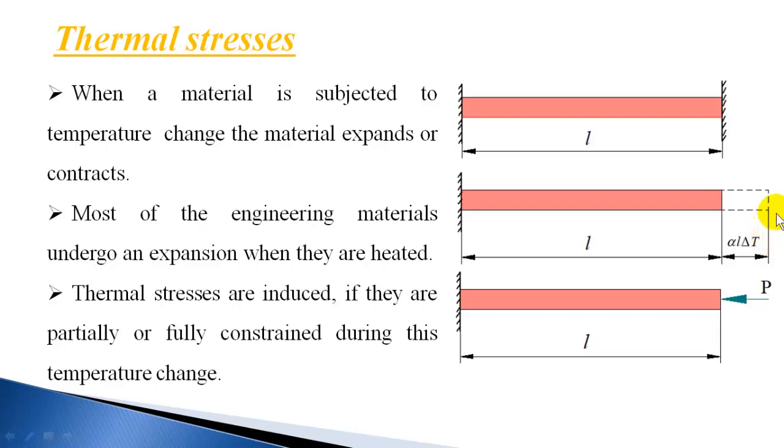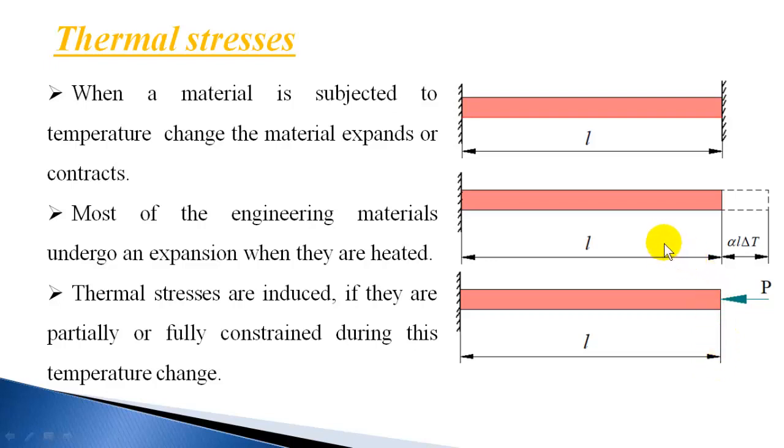Now what is the function of the support? When support is existing, support is exerting a force to prevent this expansion and to retain the length L. So support is exerting a compressive force to prevent this expansion and keep the length to L.